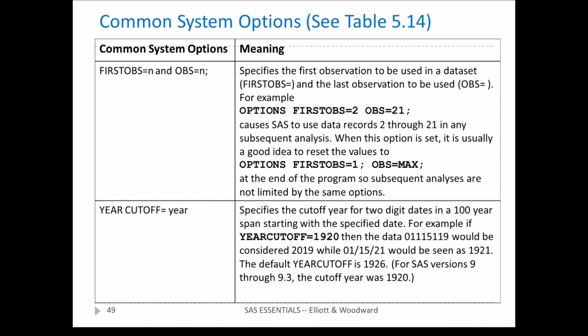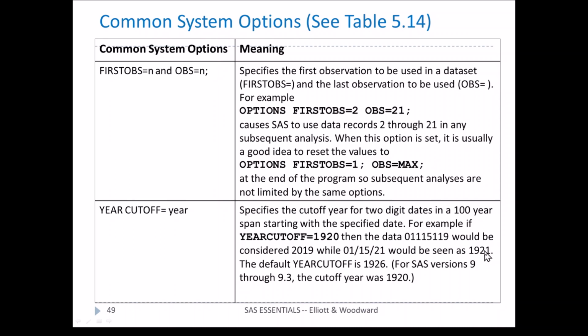We saw that in an example. The year cutoff we haven't seen. It specifies how a two-digit date will be interpreted. For instance, if we say yearcutoff equal 1920, and we have data that specifies a date of 19, it would be considered 2019, while the date for 21 would be seen as 1921.